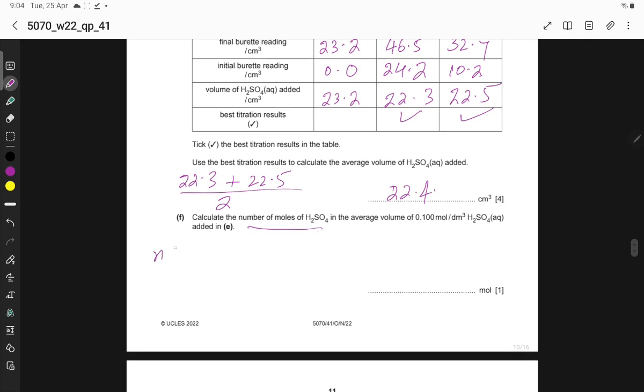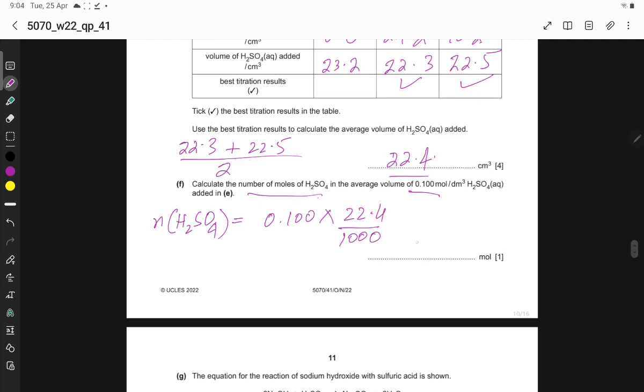So number of moles of sulfuric acid is equal to concentration times volume. So 0.100 into 22.4 divided by 1000, which is equal to 0.00224.